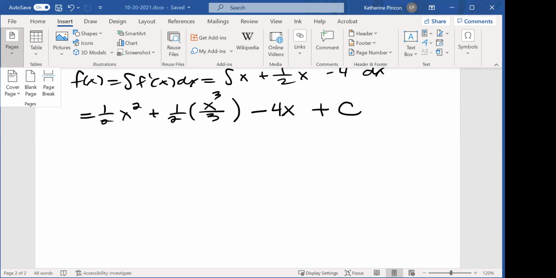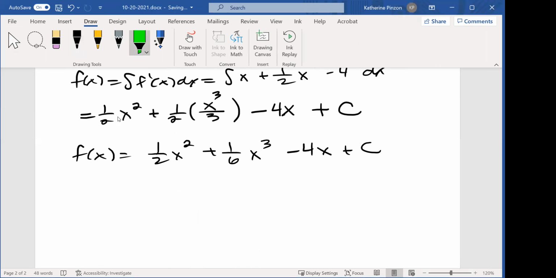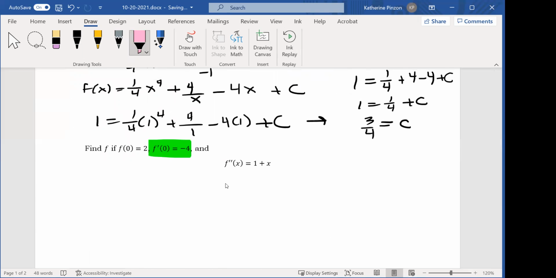Okay, so f of x is 1/2 x squared plus 1/6 x to the third minus 4x plus c. I have to use my piece of information to find out what c is going to be. Let me go look for my piece of information. Here it is. f of 0 is 2.